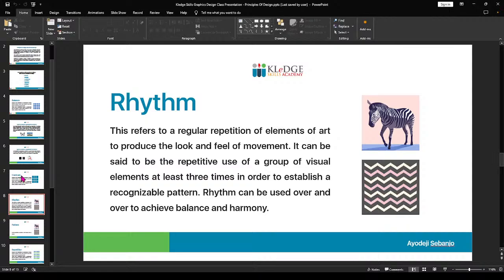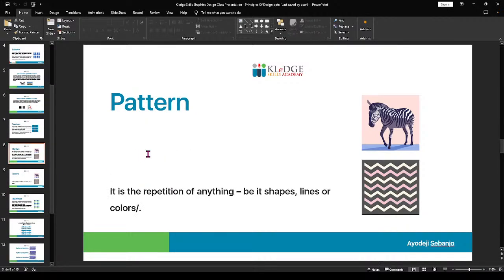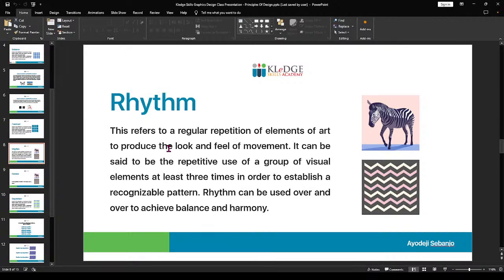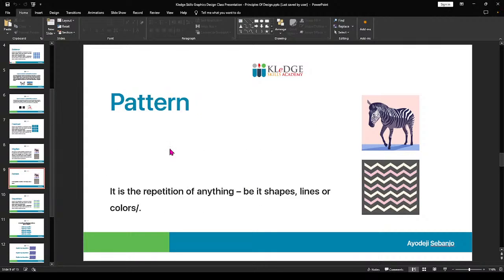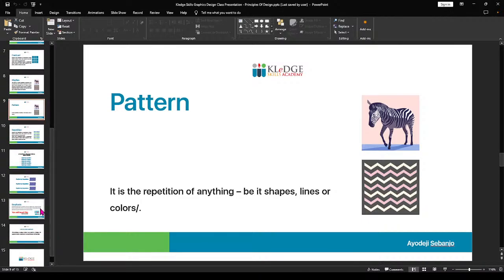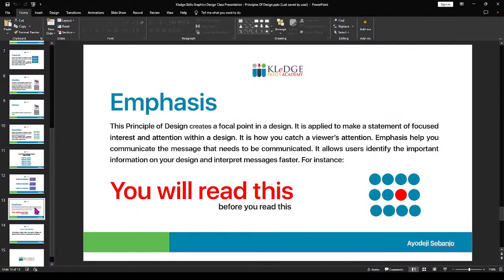Okay, now having done that, we can make progress and go into our design. Now, for emphasis, what is emphasis? Emphasis is the principle that deals with the focal point of a design.